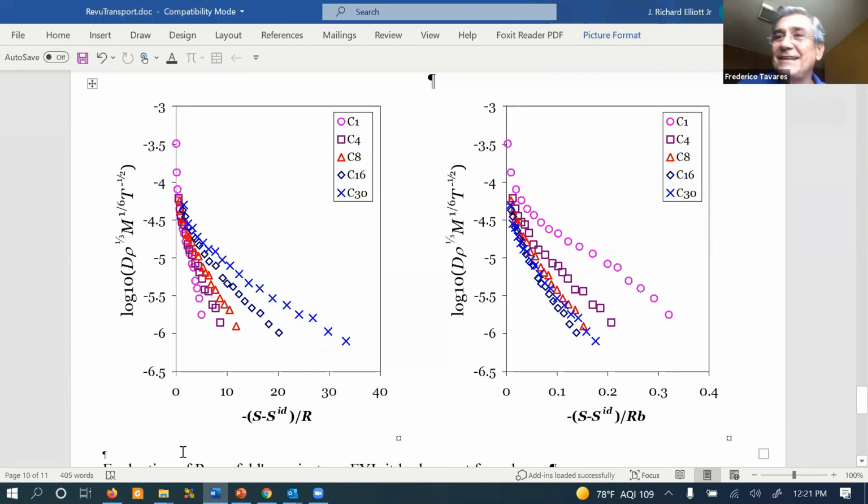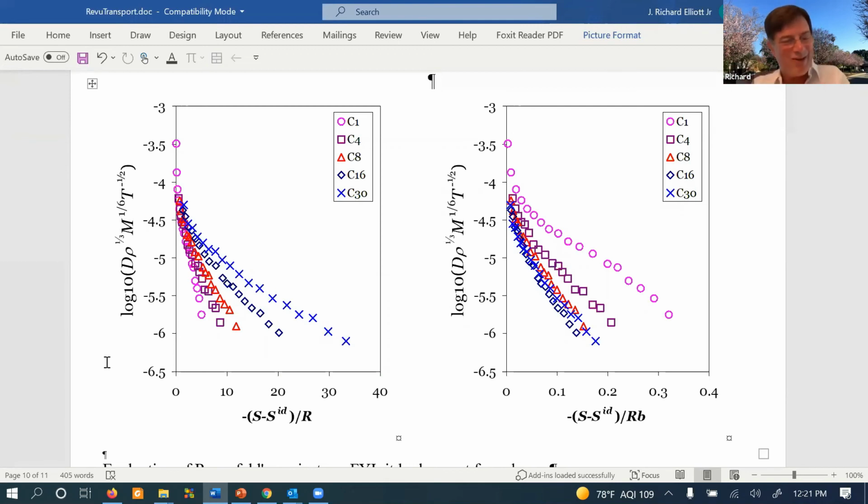So as I was putting my slides together, I went back to some old papers to cut and paste some pictures of the diffusivity properties. And so this is actually a couple of graphs that are in the paper from Garrick and Elliott in 2010. And so what we did was we said, now we've got this data on the viscosity, the simulations of the diffusivity, self-diffusivity, and a molecular simulation of a self-diffusivity is pretty reliable.